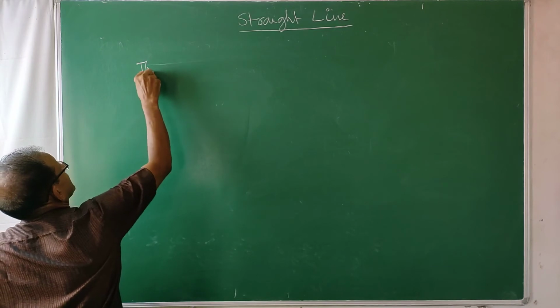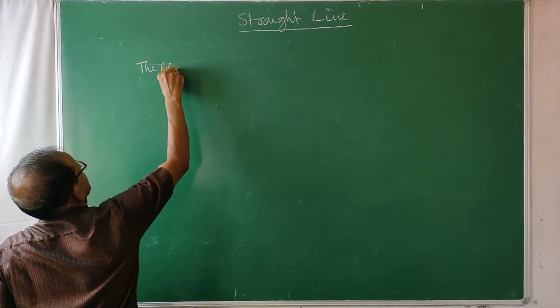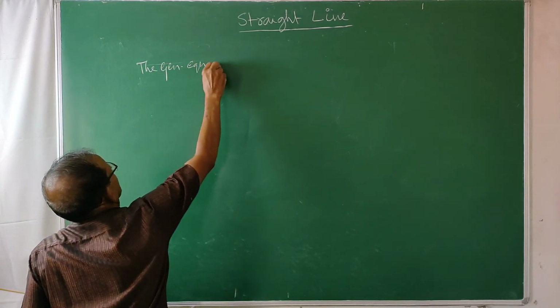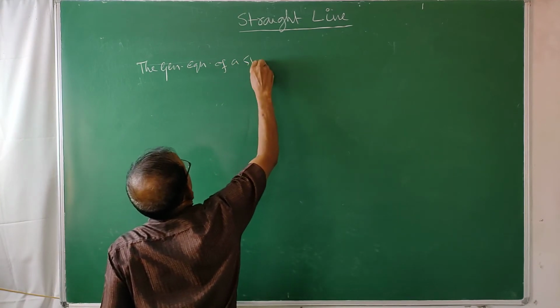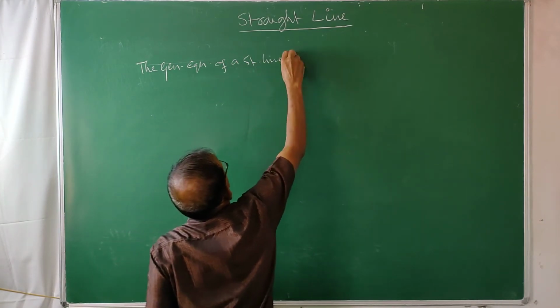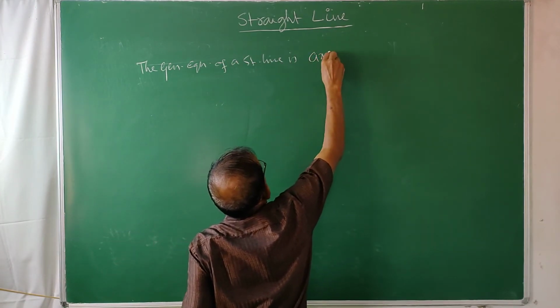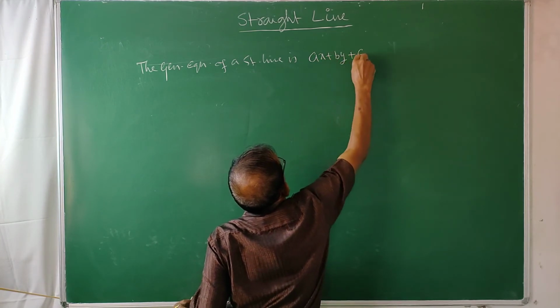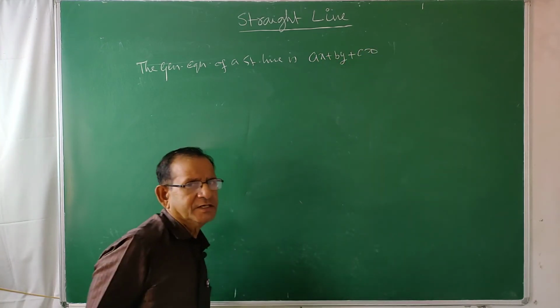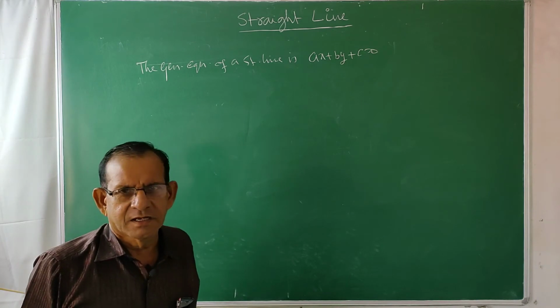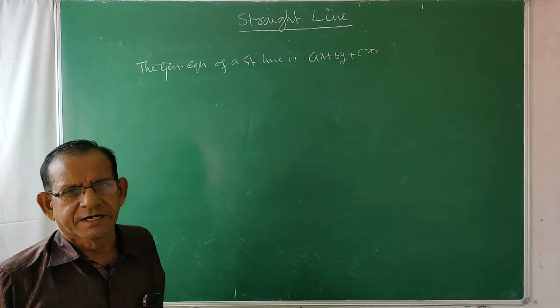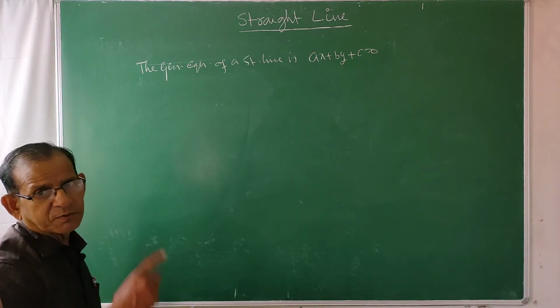Now, the general equation of a straight line is Ax plus By plus C is equal to 0. A first degree equation in x and y always represents a straight line. Now, what is the slope of that line?